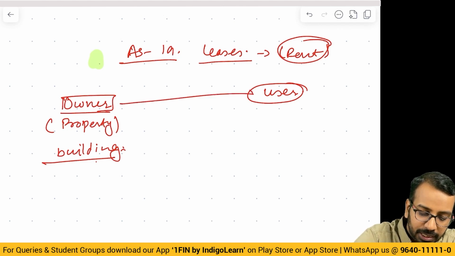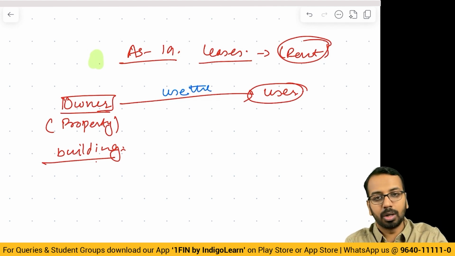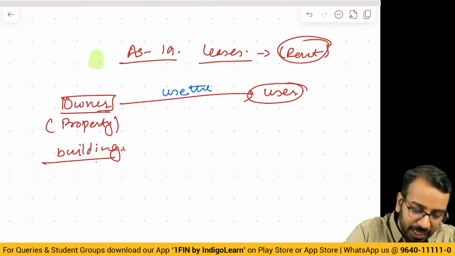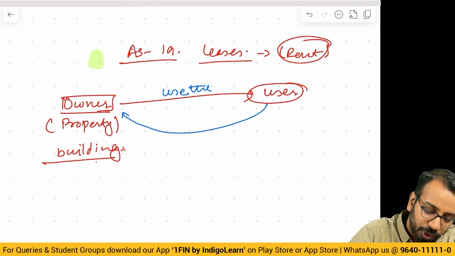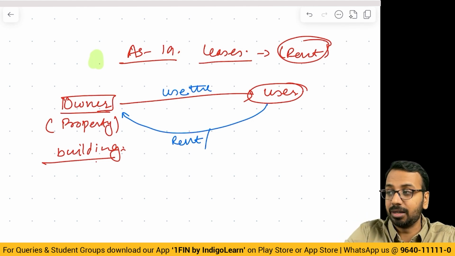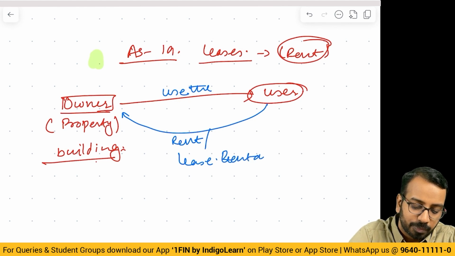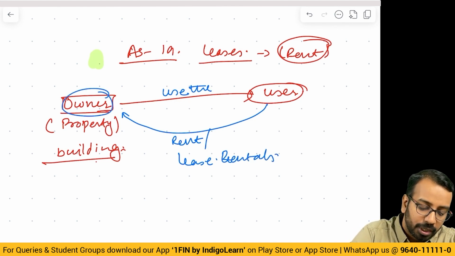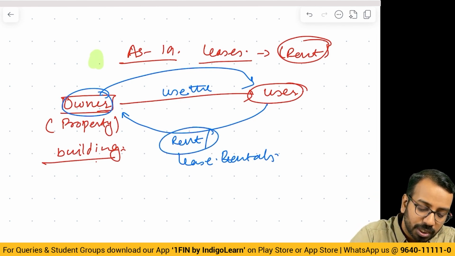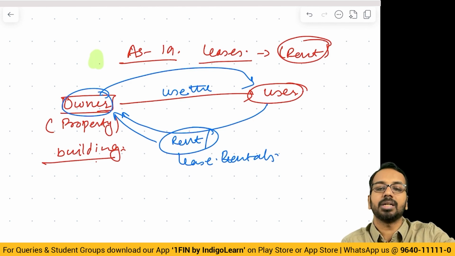The owner allows the user to use the property, to get benefit from the property, and in return the user has to pay to the owner something called as rent, or in the technical part of the standard we will refer to it as lease, rentals, or lease payment. So the owner allows the user to use a property, in return for which the user has to pay rent to the owner. Okay, this is a simple way to understand what is a lease.